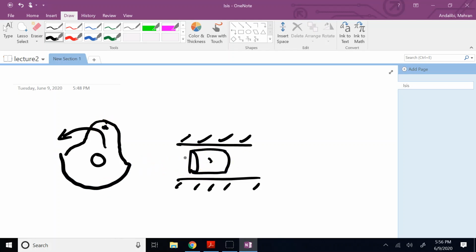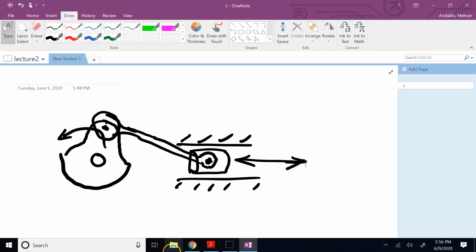I'm not the best at drawing it, but basically what you have for a conrod, if I want to make it very simple, is something like this. Okay? So if you look at the motion of this piston, it is only supposed to go up and down inside the cylinder. So this motion of the piston can be described as a rectilinear motion.